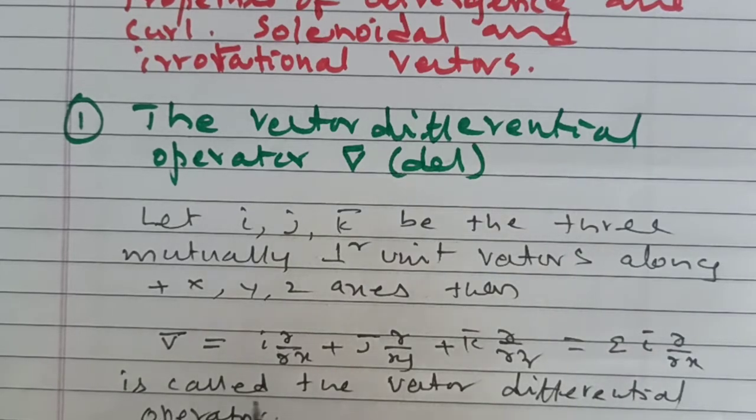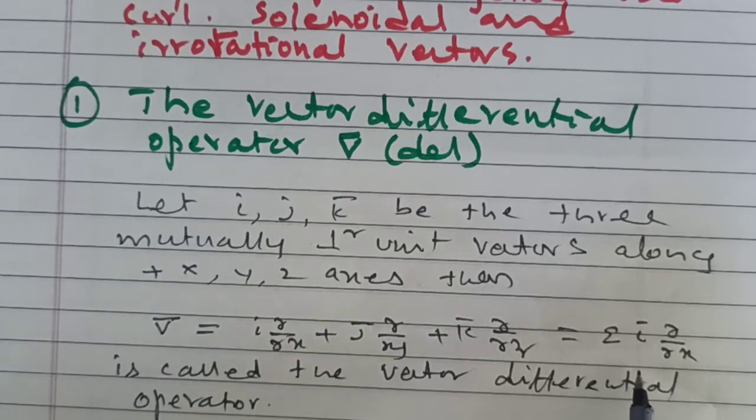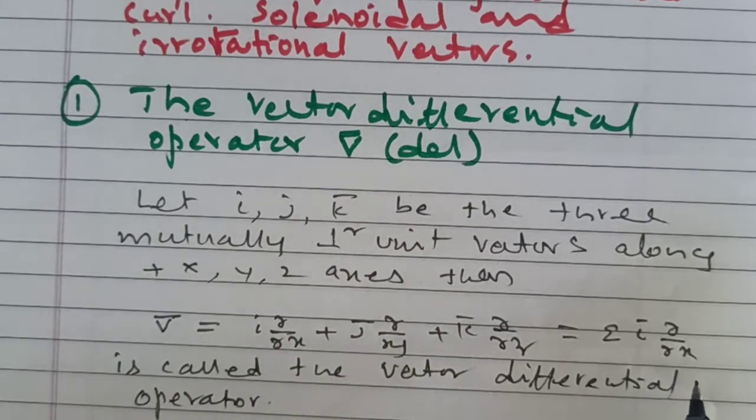It means del is a vector function. It is simply written as sigma i bar dou by dou x, the vector differential operator del.